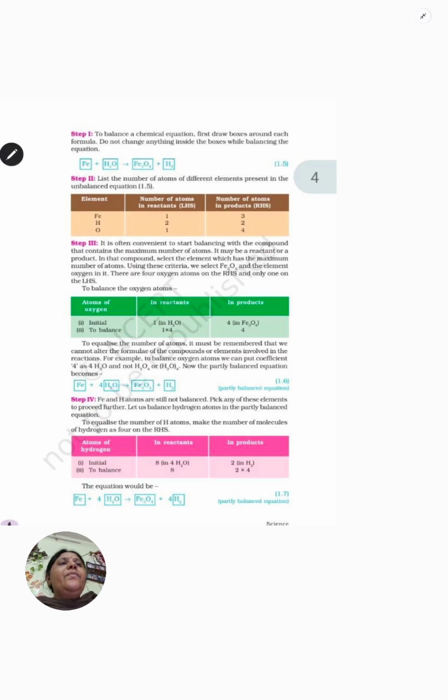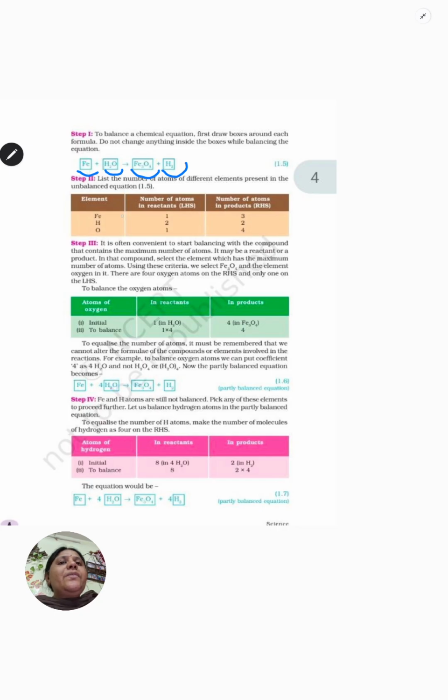Here we have taken iron reacting with water to generate Fe3O4 and hydrogen. Here the water is in steam form. If you observe the LHS, we have iron, hydrogen and oxygen.